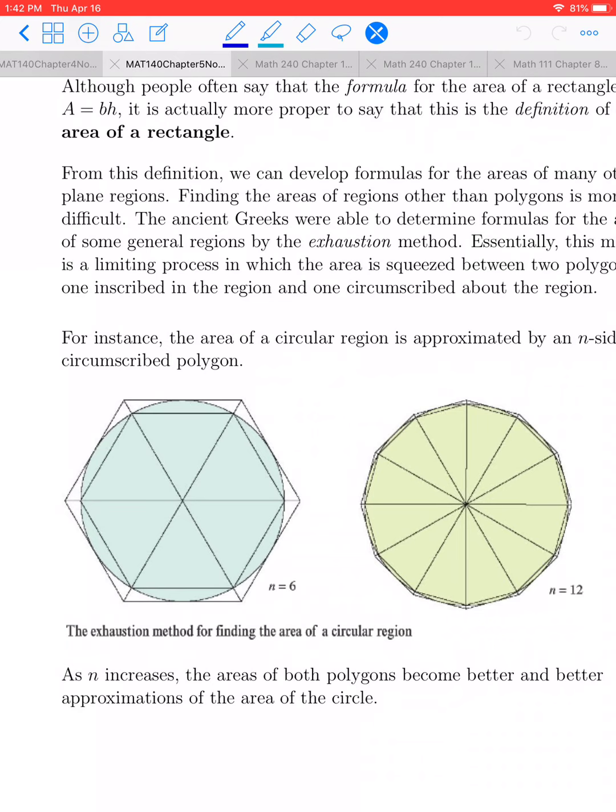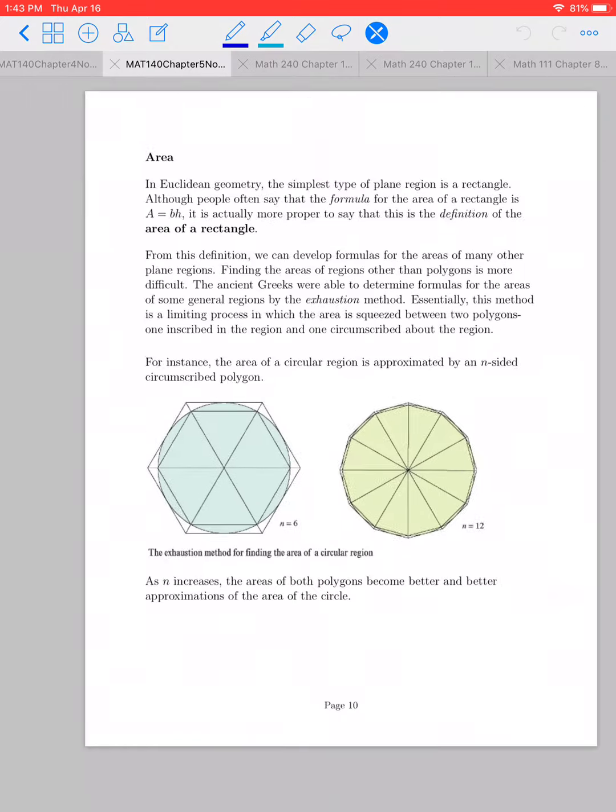And as we inscribe or circumscribe more and more triangles, the approximation gets better and better, so much so that if we take the limit as the number of triangles approaches infinity, the limit of those sums of those areas will approach the true area of the circle.